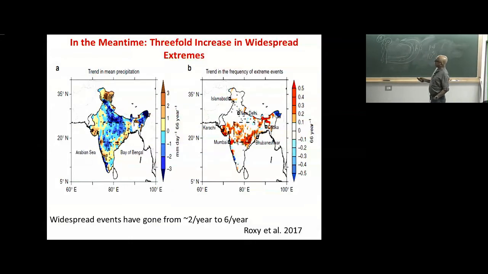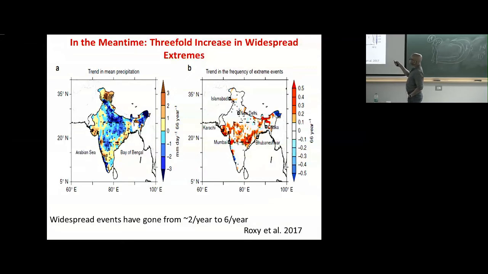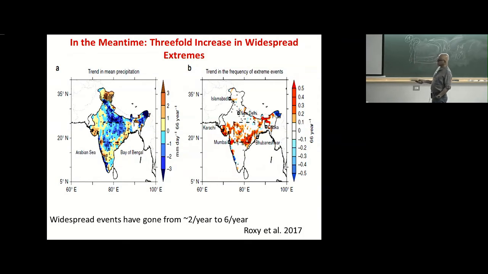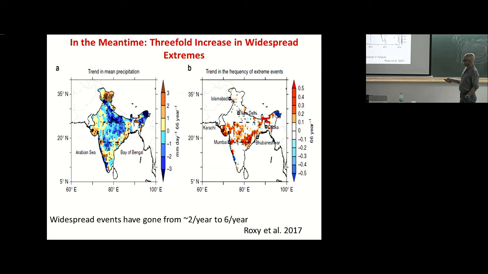Okay, and if you look at the frequency of extreme events, this is not a very good way of thinking about it, but these floods over large areas have increased almost threefold. So these events where flooding happens over more than 10,000 square kilometers used to happen about twice per year about 60 years ago.